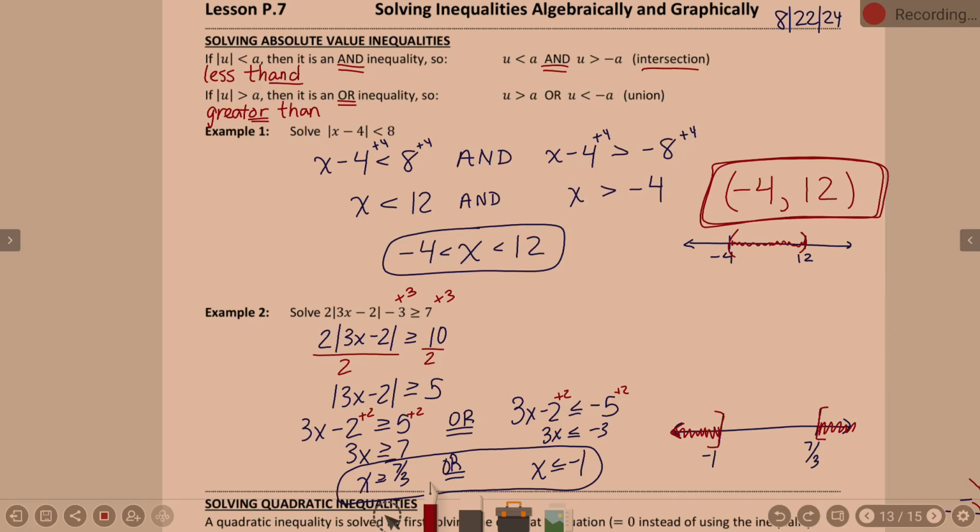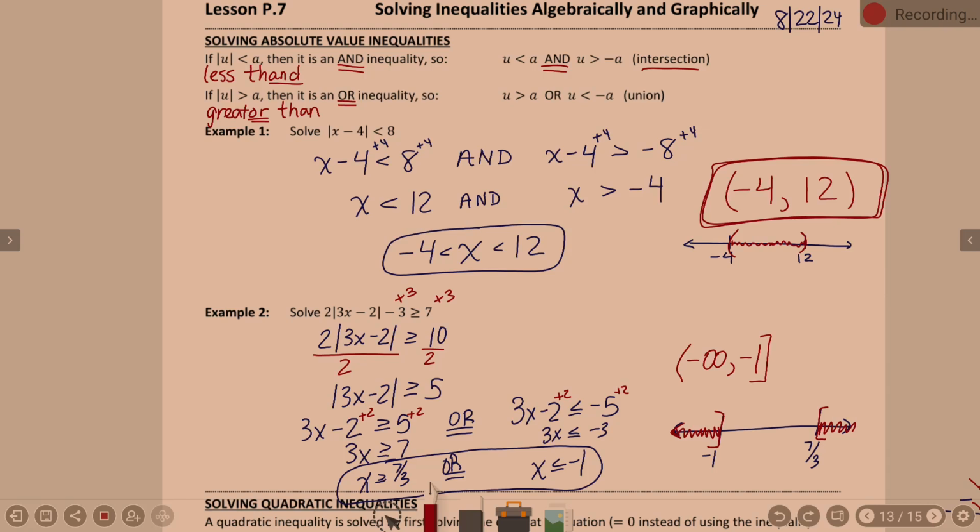Do you remember how to do this interval notation? Where does my first shaded interval start at? Oh, negative infinity to negative 1. Starts at negative infinity, comma, and ends at negative 1. Infinity always uses parentheses. This was equal to, so we're using a bracket.